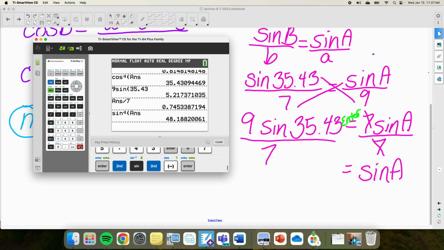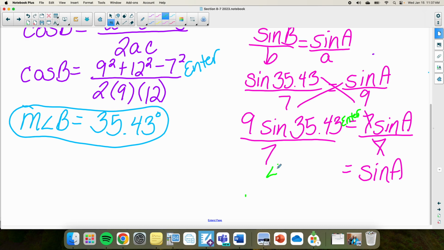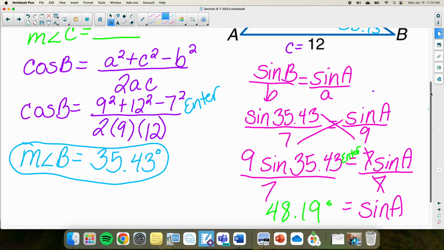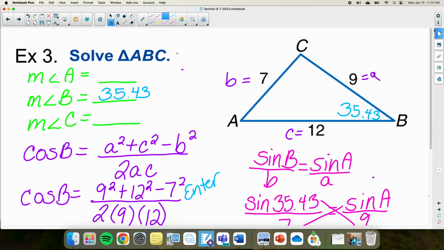Did you guys get 48.19? Yeah. Okay. 48.19 degrees. So that can come up here. And then is it easy to find angle C? It is. Don't we just add these together and subtract from 180?